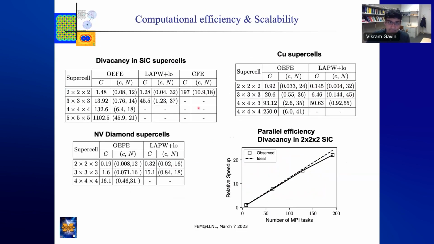So again, in a comparison of computational efficiency and scalability, we get a substantial boost relative to LAPW calculations by using this orthogonalized enriched finite element formulation, and because it's a finite element basis, we also scale very well on parallel computing architectures.